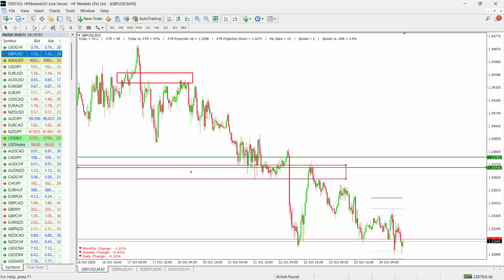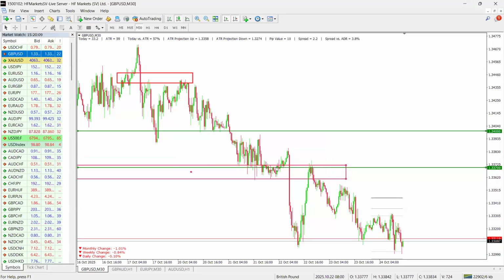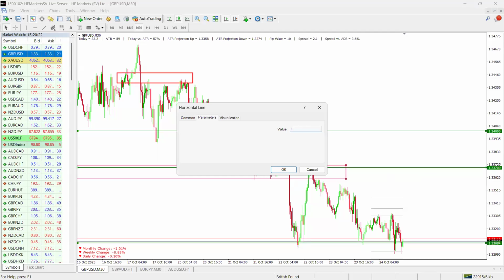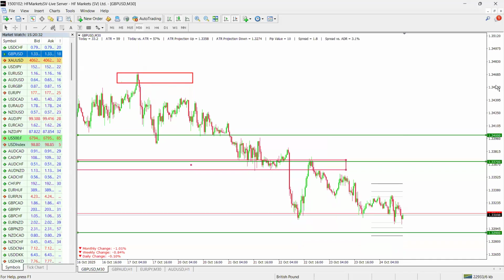You have a stop loss at 1.34700. Okay, that's a very big stop loss. And take profit is, okay, you are selling. Don't worry, from the price structure, you're selling. Take profit at 1.3290.